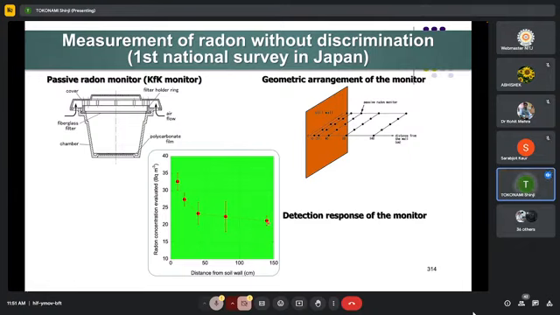We found thoron interference on radon measurements. We have to pay special attention to radon measurement, especially if the area has high thoron potential.